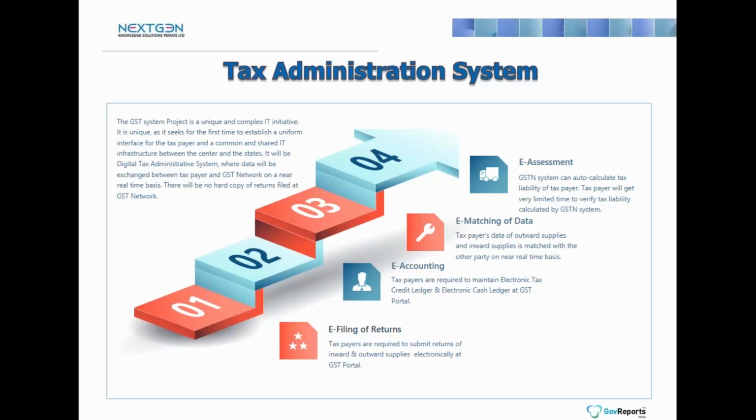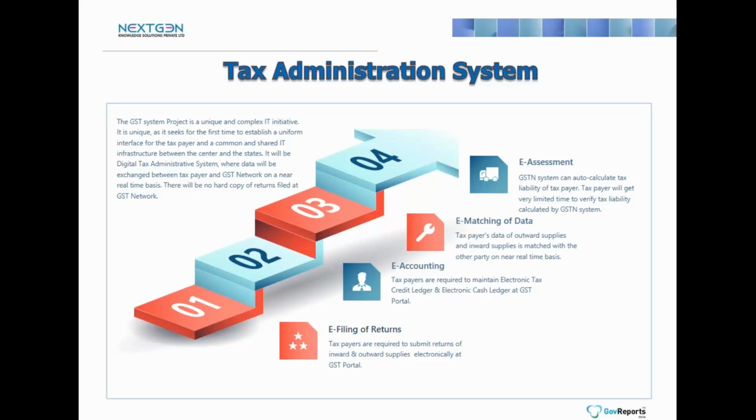Then there will be electronic matching of data. I'm sure you are all aware that the invoice level data between the supplier and the recipient will be matched by the GST system using various software techniques, data mining and pattern recognition techniques. And in the last stage, the assessment will also be electronic.